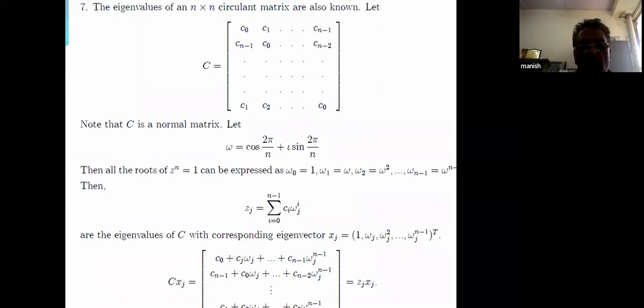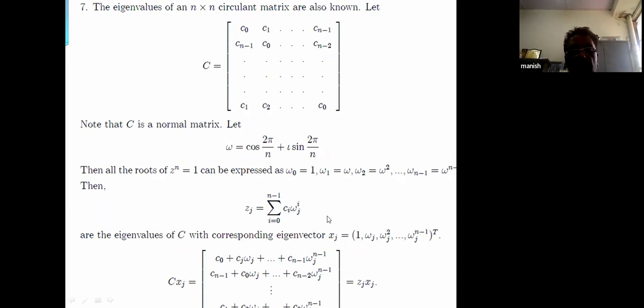Now write omega equal to cos 2 pi by n plus iota sine 2 pi by n. Then all the roots of z raised to the power n equal to 1 can be expressed as omega naught equal to 1, omega 1 equal to omega, and so on.